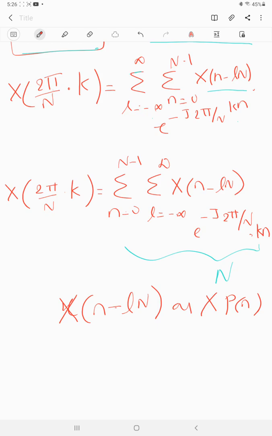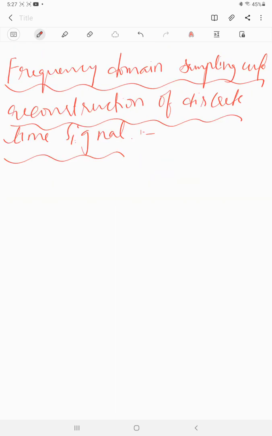Next one is frequency domain sampling and reconstruction of discrete time signal.